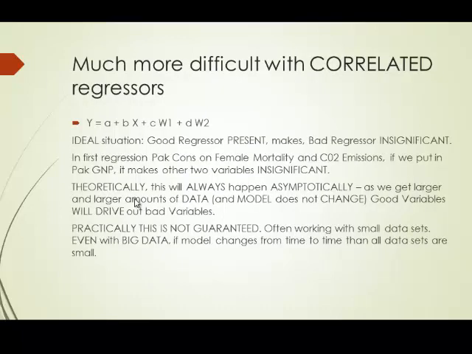Now what happens when you have correlated regressors? Then the GETS procedure gets complicated, because now you identify a collection of regressors which are insignificant, but these regressors could be insignificant due to the fact that an important variable, that irrelevant variable, has been included.